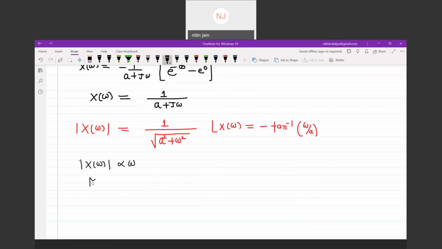Any plot in the frequency domain is known as a spectrum. And any plot of phase with respect to omega is known as the phase spectrum.